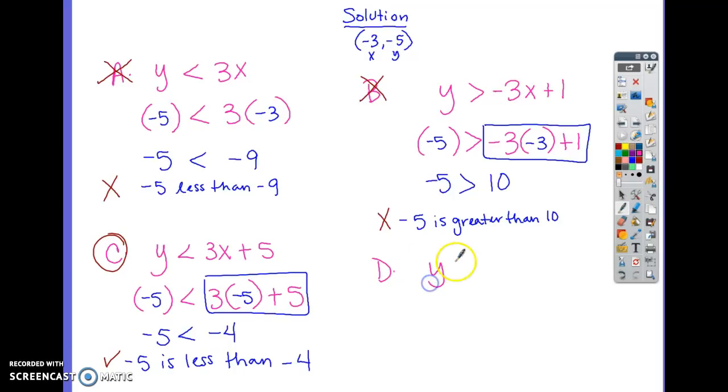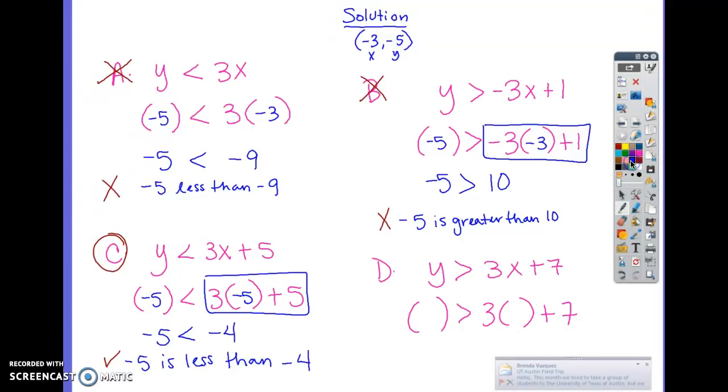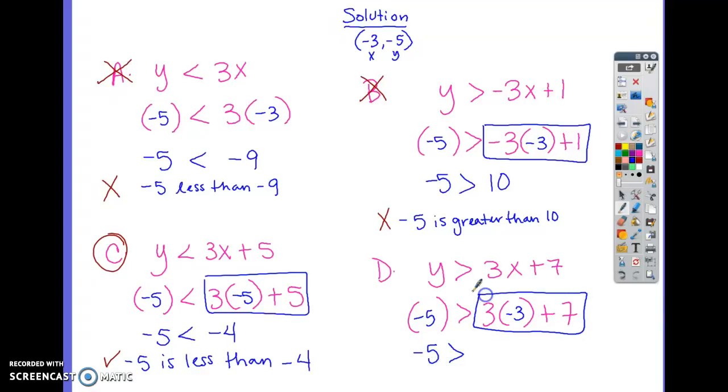D says y greater than 3x plus 7. Put parentheses around the y, greater than, put parentheses around the x, and plug in your numbers. This is -5, this is -3. So this gives me -5 greater than, put this in the calculator, press enter.